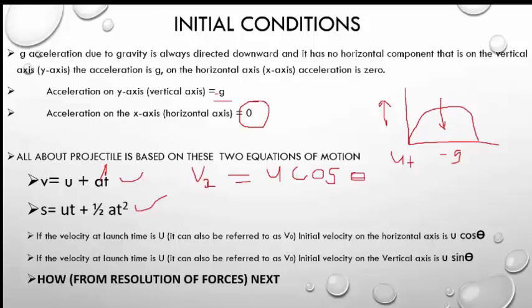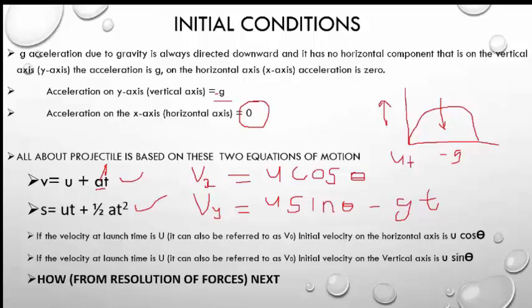And my velocity at an instant of time on the y-axis, vy, is equal to u sin theta, because I have acceleration on the vertical, and my acceleration on the vertical is minus g, so minus g t. This is the velocity at an instant of time.